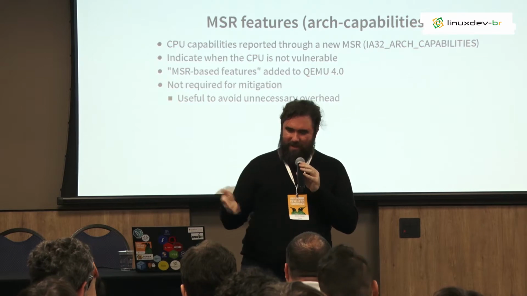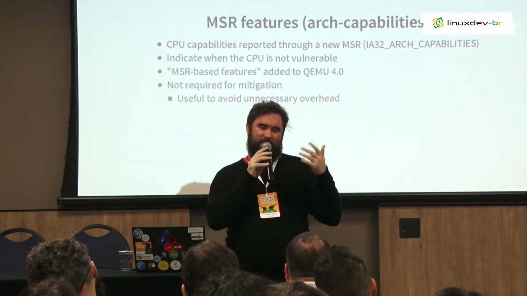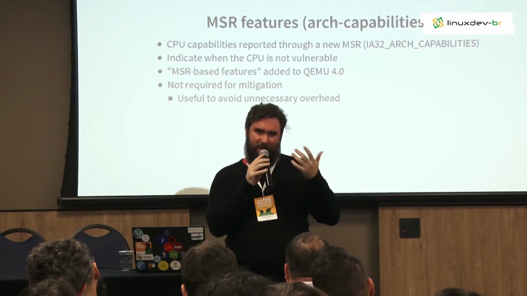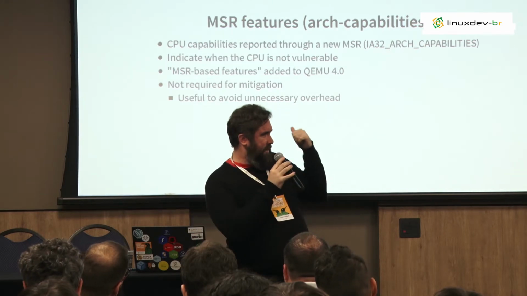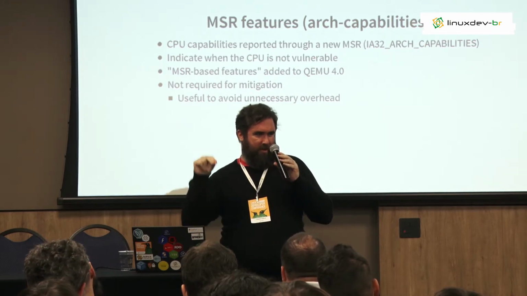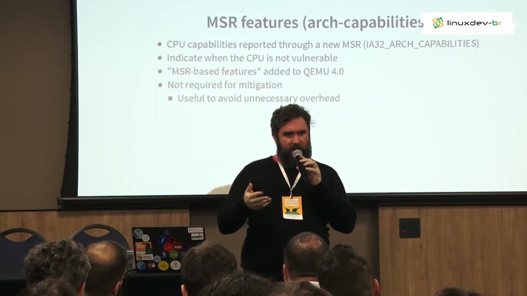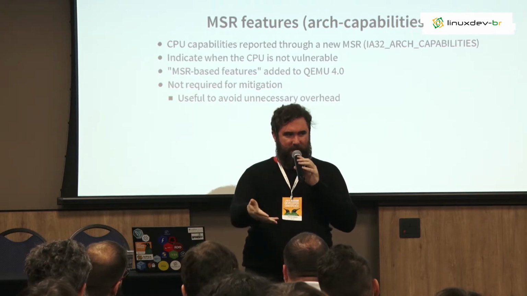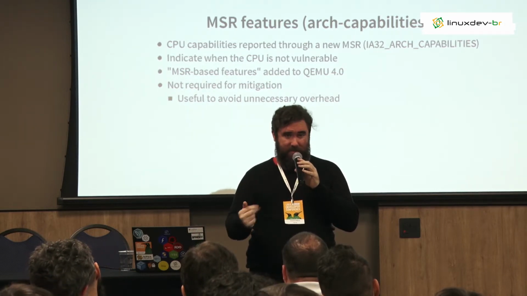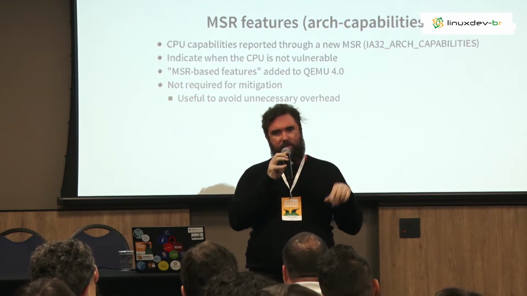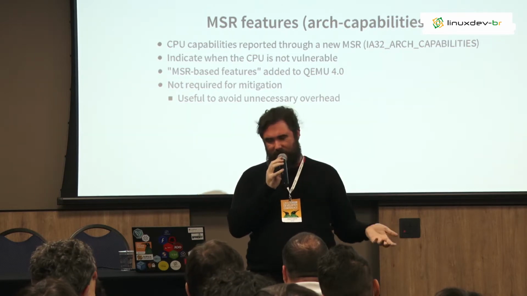And then we needed to add new functionality to KVM, a new API, where in addition to that ioctl I showed, set CPUID, you also need to query what the MSR values are for the current host. You need to set it, and you need to include this data in the CPU model information.